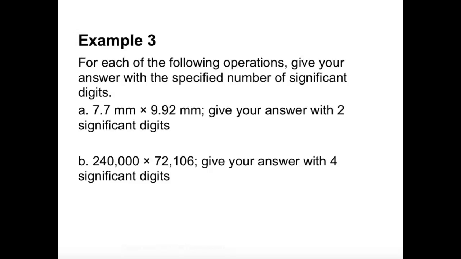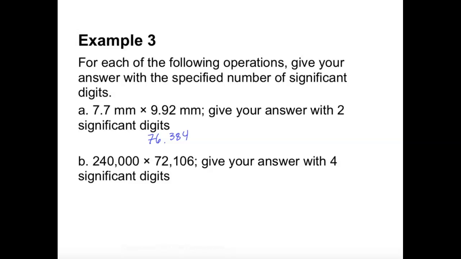Okay, so you can grab a calculator. We're going to do an example, and then we're going to round to the specified number of significant digits. So 7.7 millimeters times 9.92. If I just multiply that out, that's going to give me 76.384.